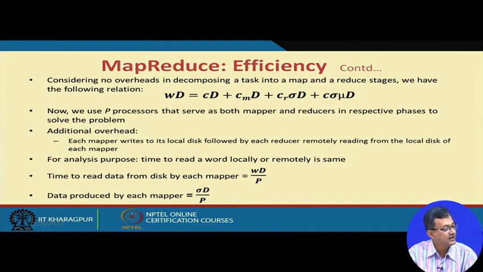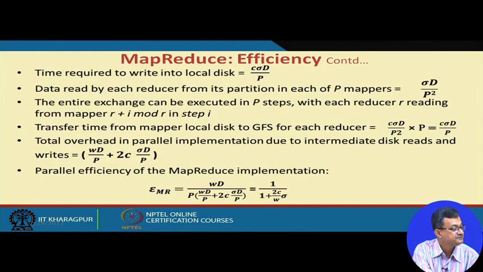The time to read data from the disk for each mapper, if the number of processors is P, is W d by P. Data produced at each mapper is rho d by P. So, the time required to write back to the disk, because once you read, after computation you have to write back, is that much.